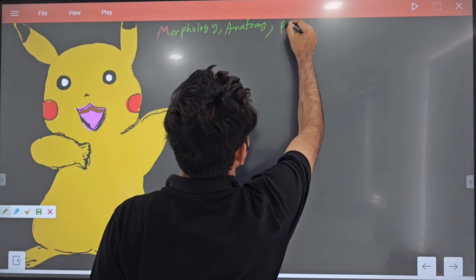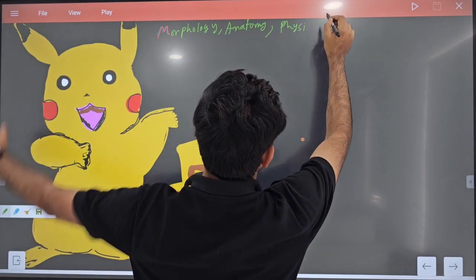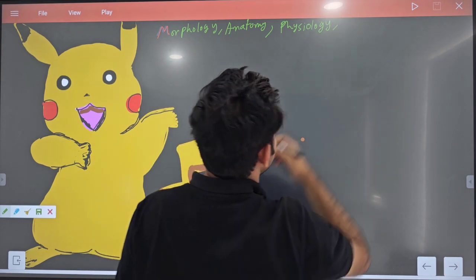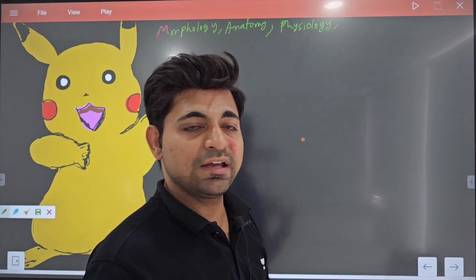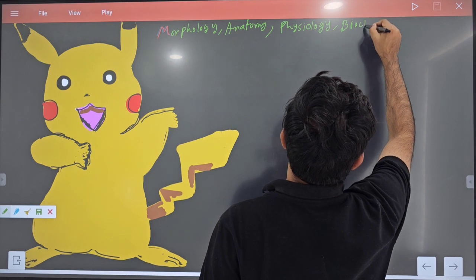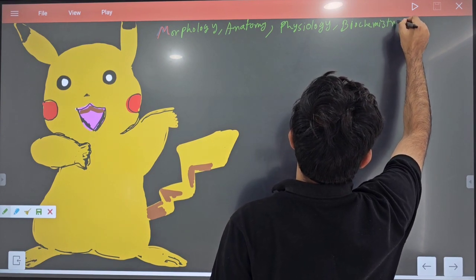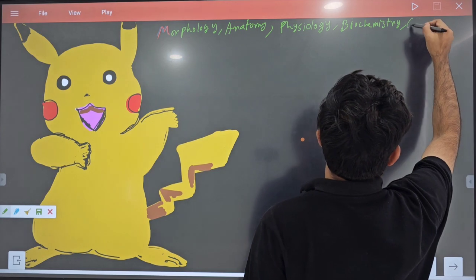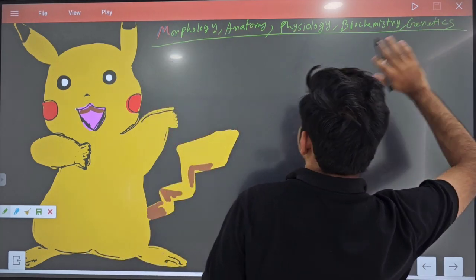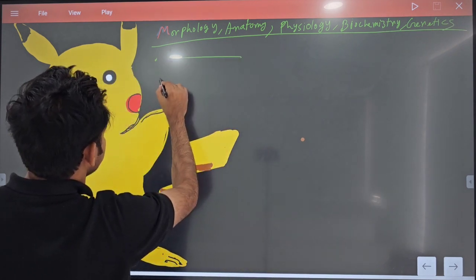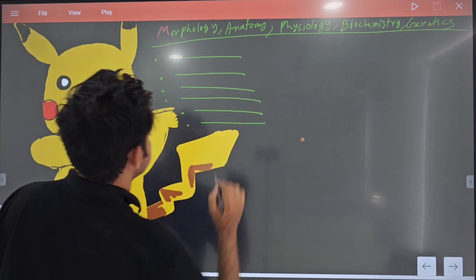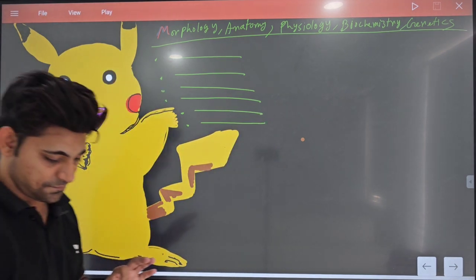You have to study the physiology of this particular animal. You have to study biochemistry, the chemical reactions going on inside the body. You have to study genetics, and after all the study you will be listing up some criterions. Okay, so characterization is done.